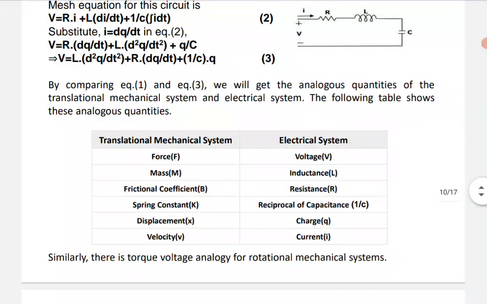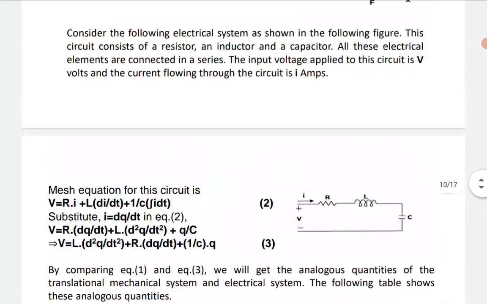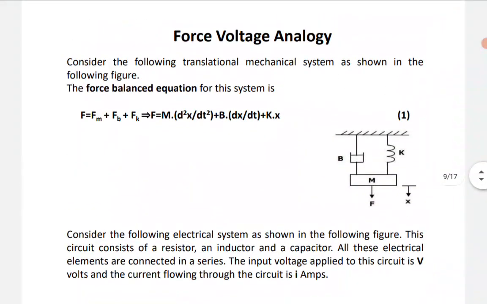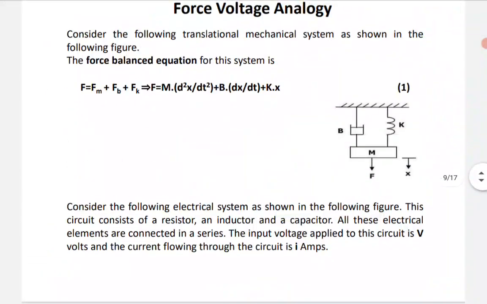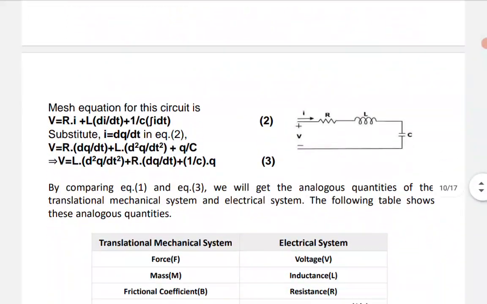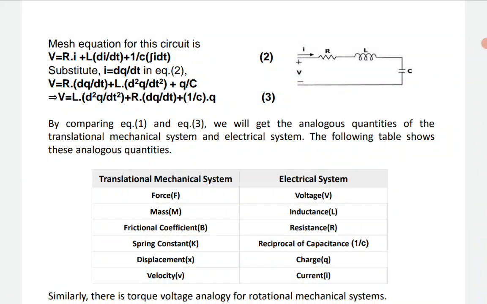The following table comes from comparing each term. Force F, the left hand side, is tallied with the voltage of the electrical system. Mass M into d2x by dt square should be tallied with L into d2q by dt square. So M is compared with L, the inductance.